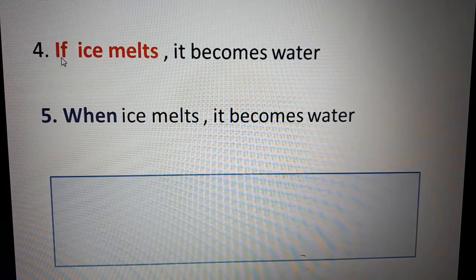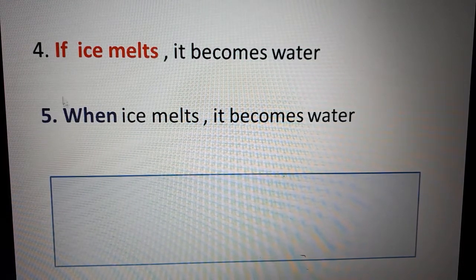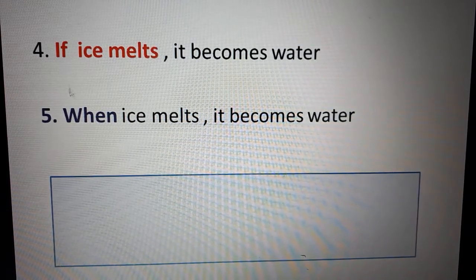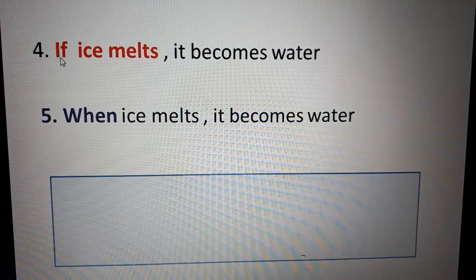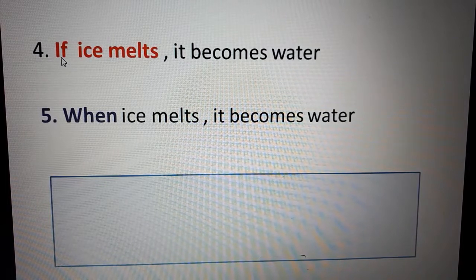Number 4, we use if. But number 5, we use when. So, is there any difference between these sentences if you use if or when? Of course, no. The same. Because we talk about a fact, a true situation, it's right to use if or when.